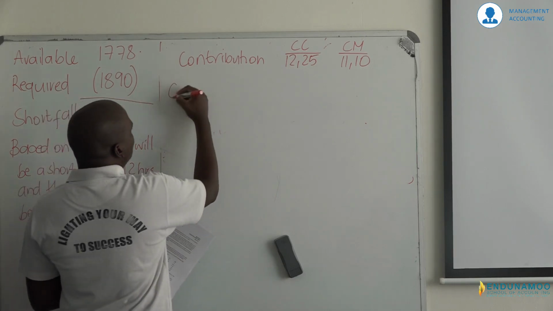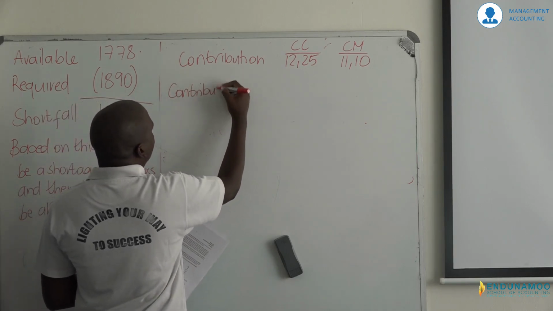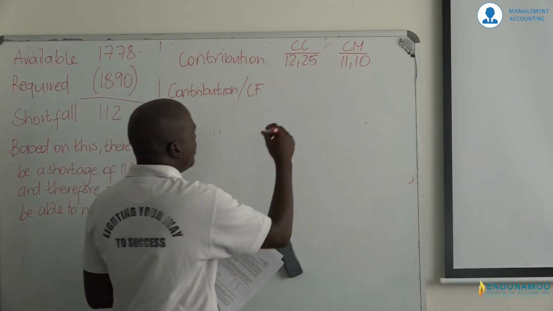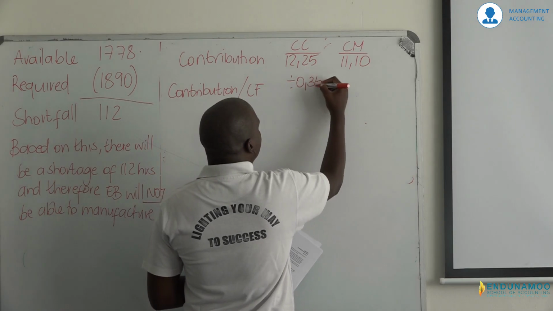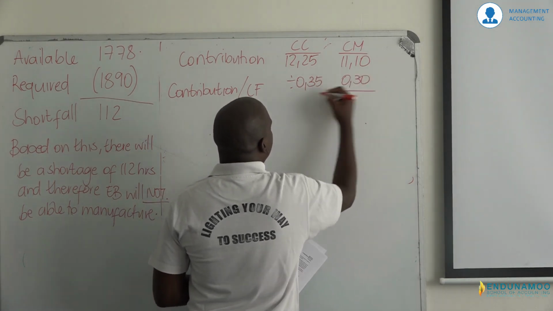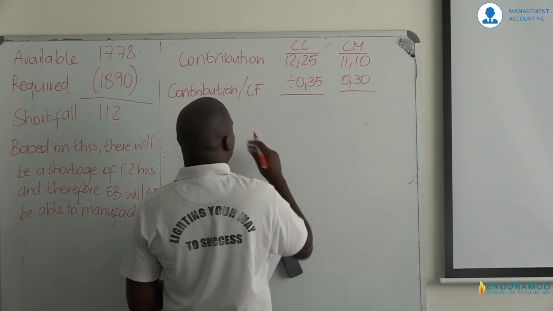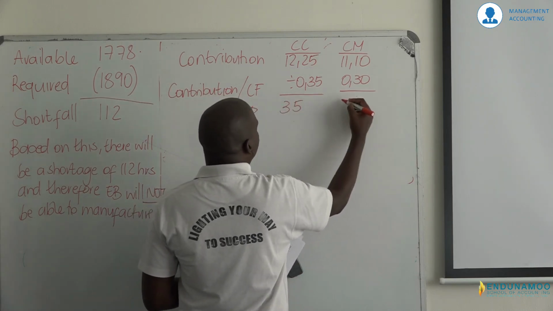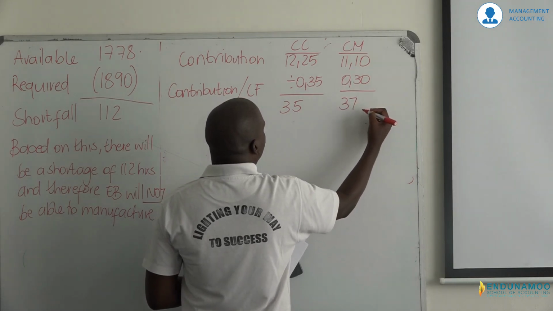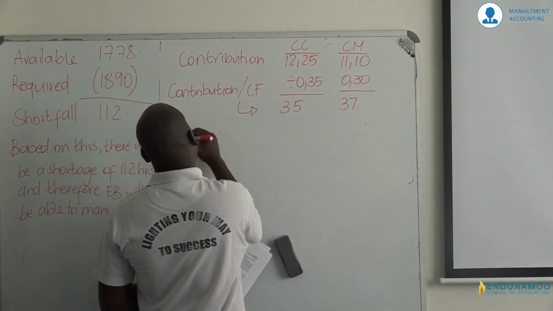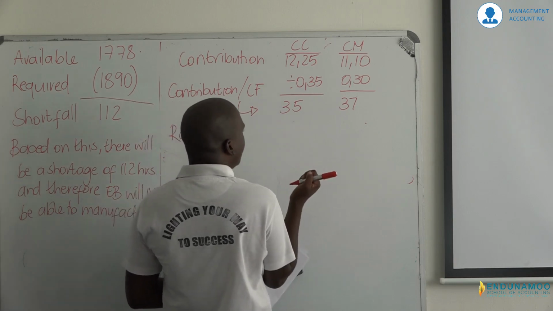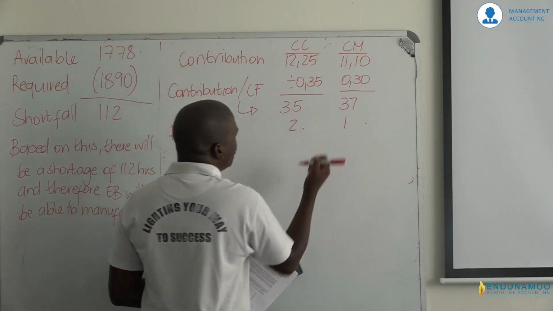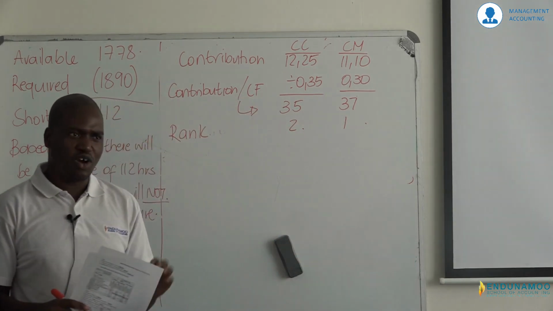Then you had to convert it, which is dividing by 0.35, to get contribution per limiting factor of 35 and 37. Then you do what? CM, you gave it a 1, and this one you gave it a 2. So you are comfortable with this?